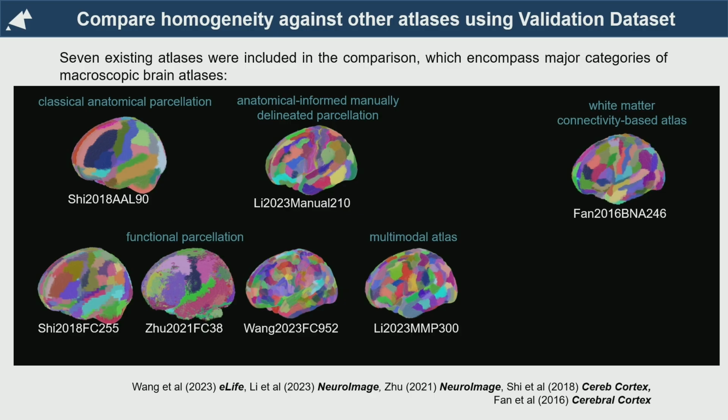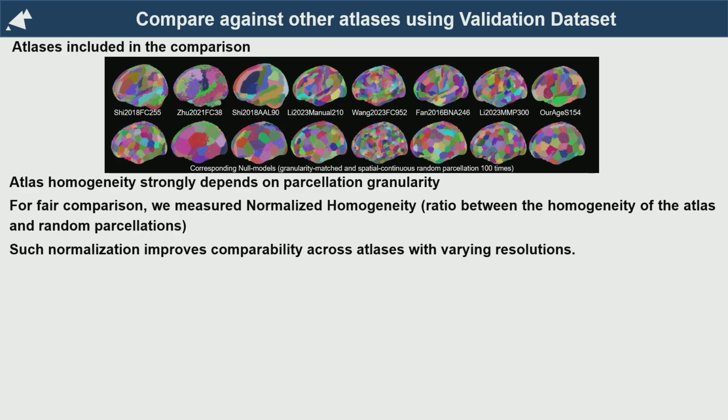These atlases are all included in the comparison. But as we know, many previous studies have shown that atlas homogeneity strongly depends on parcellation granularity. So for a fair comparison, we used a null model approach, and we measured normalized homogeneity, which was defined as the ratio between the homogeneity of the parcellation and that of a random parcellation.